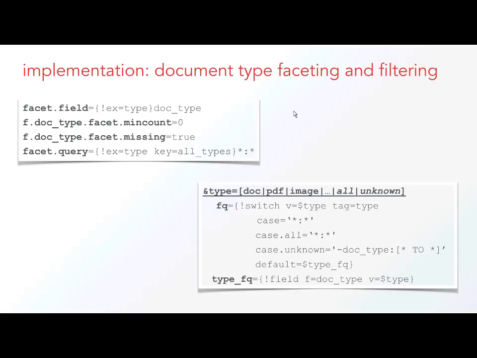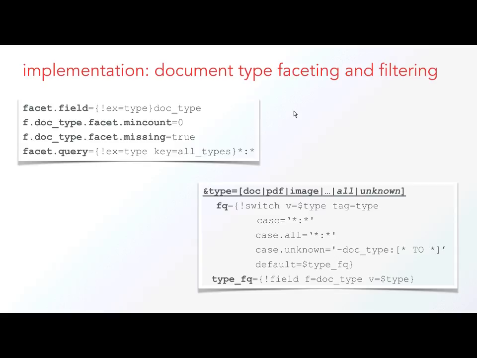If, however, there is a type value specified, and it's one of these doc, PDF, image, etc., then it goes to the default mode of that switch query parser and picks another parameter called type FQ. So you can see the $ there is a parameter reference, and it pulls in the value of another parameter called type FQ here. And that type FQ is a straightforward field query. So we're leveraging the field query parser.